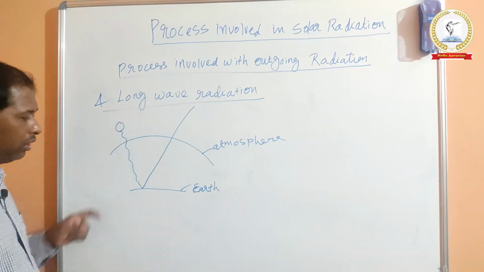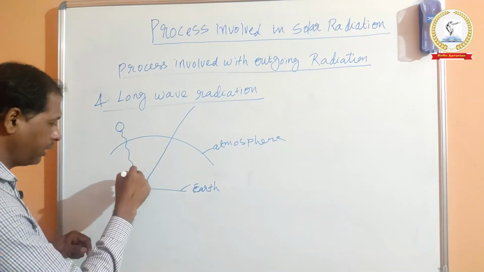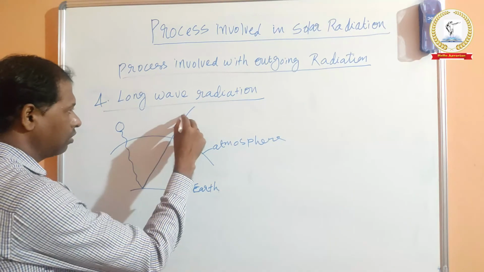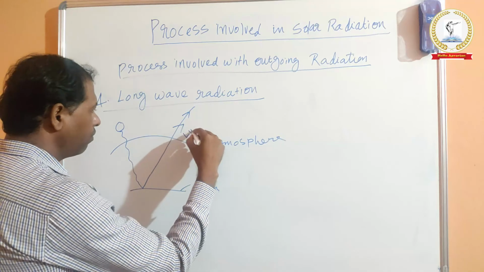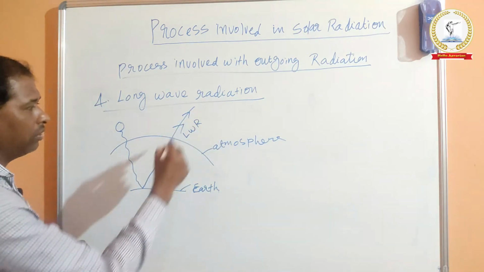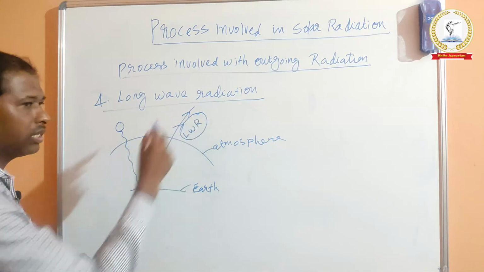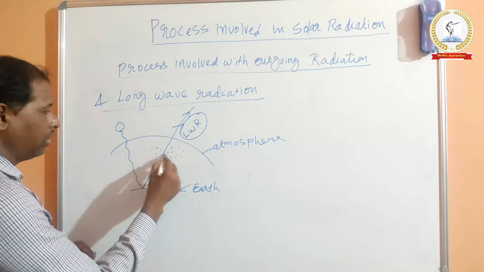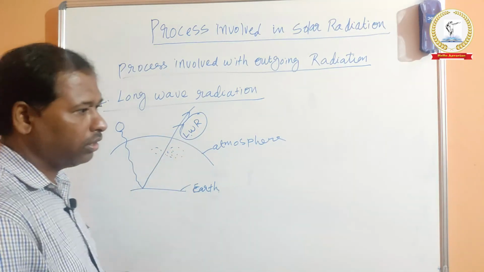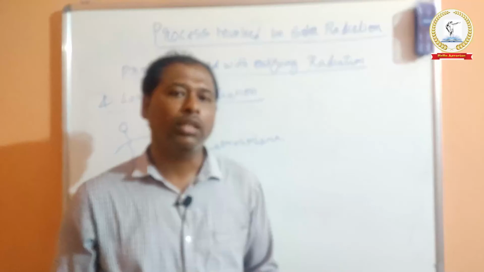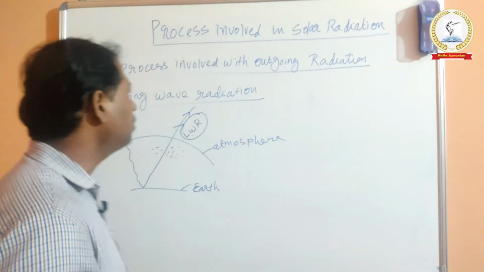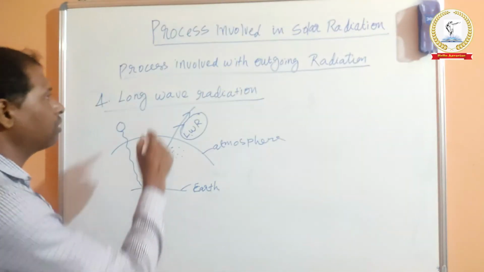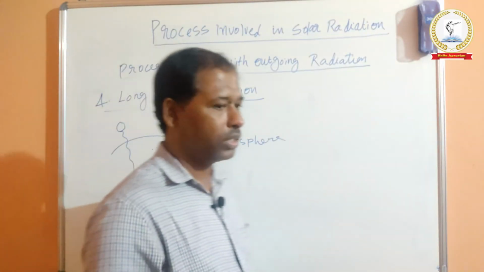Okay, a certain part of radiation is directly released to space by long wave radiation. So this kind of long wave radiation is not trapped by any atmosphere particles, and this long wave radiation does not impact the heating of the earth. Okay, so this is called long wave radiation. So this is all about the processes involved in outgoing radiation.